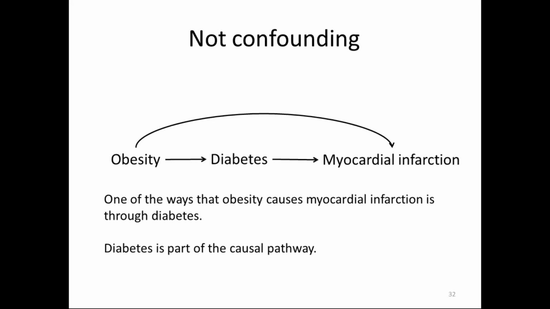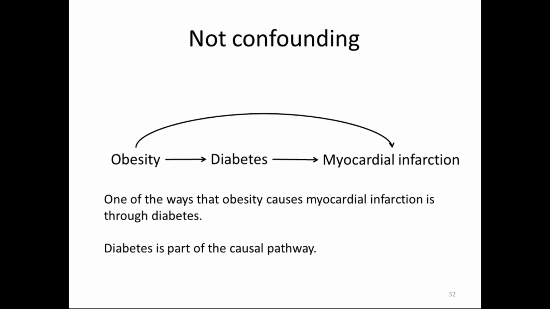One thing that's not confounding: if we want to know about obesity as a risk factor for MI, is diabetes a confounder here? No, right? Diabetes is in this causal pathway. Obesity is a risk factor for diabetes, and diabetes causes MI. So this is not a confounder.